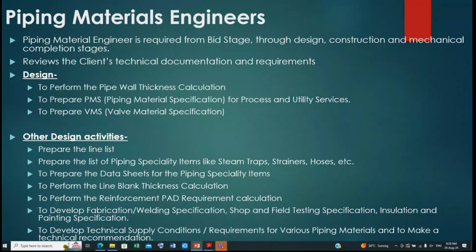In the document, many technical requirements are given, like if it's carbon steel, then the carbon steel materials shall be normalized, or stainless steel solution annealed. Wherever you want PWHT or radiography, you will specify it. So the vendor will comply with all those requirements. These documents also we have to prepare as a piping material engineer.